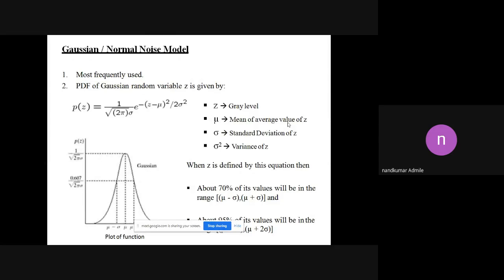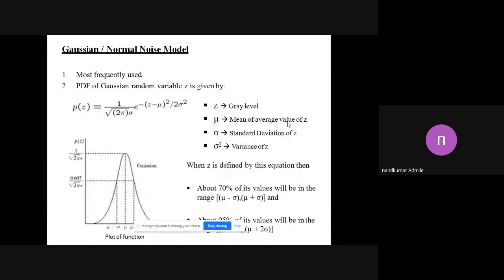It is difficult to understand the various noises by simply looking at the image. When we see the image, we are not able to understand which noise is present in it.